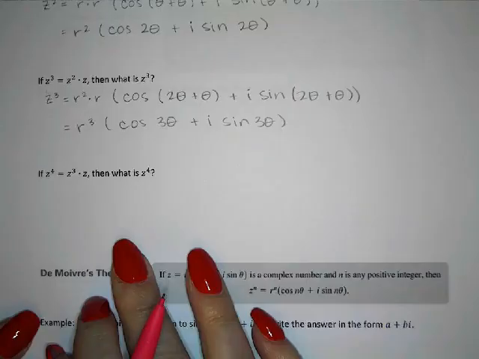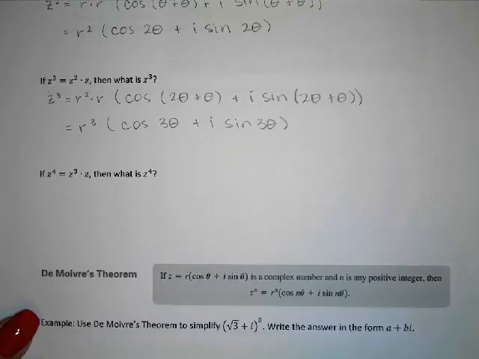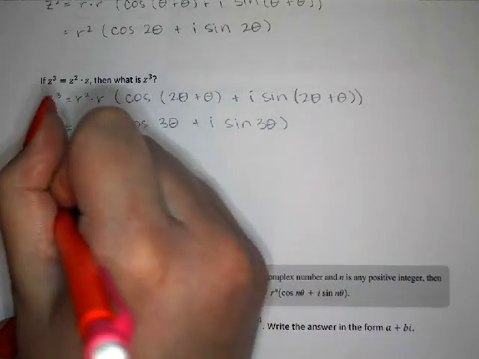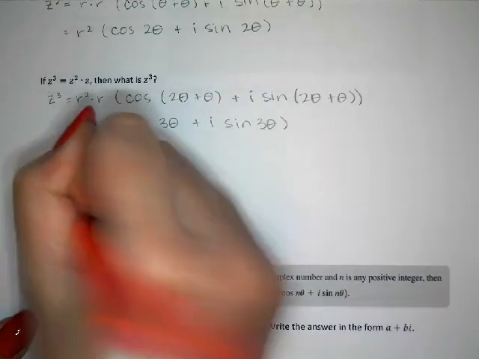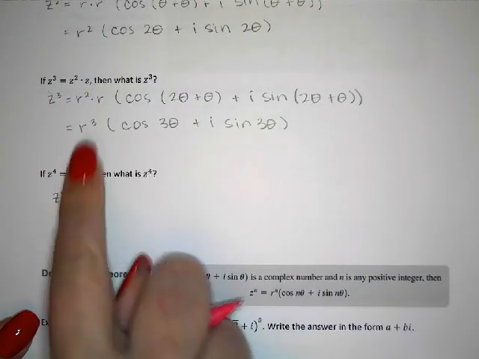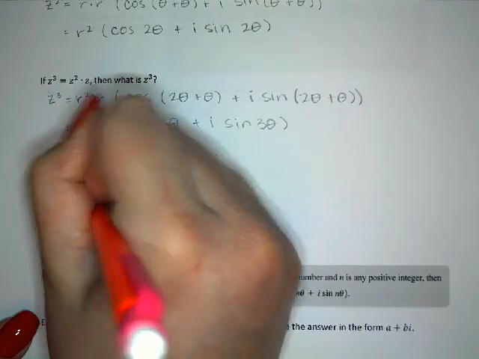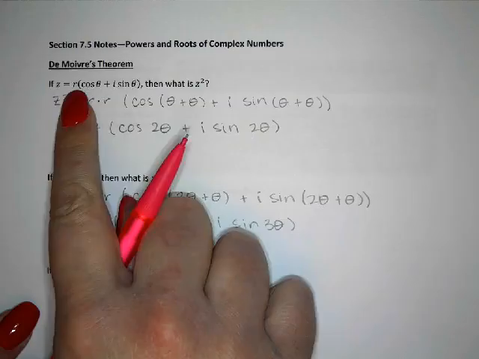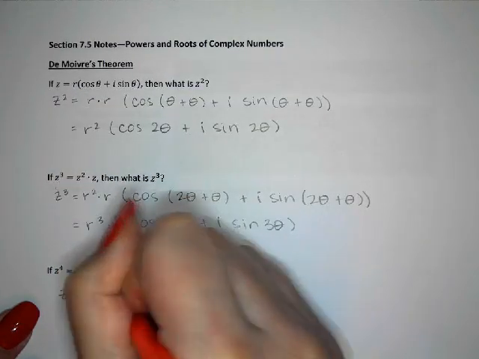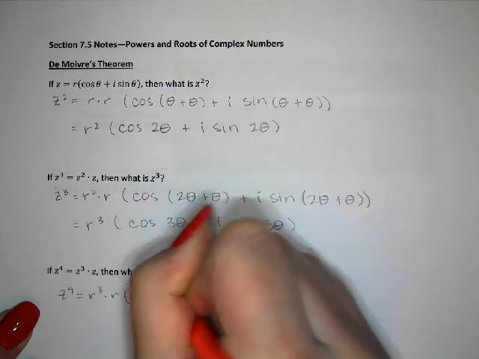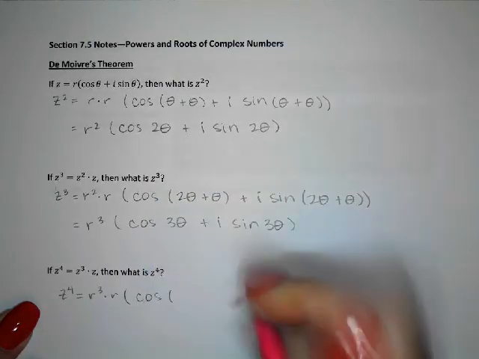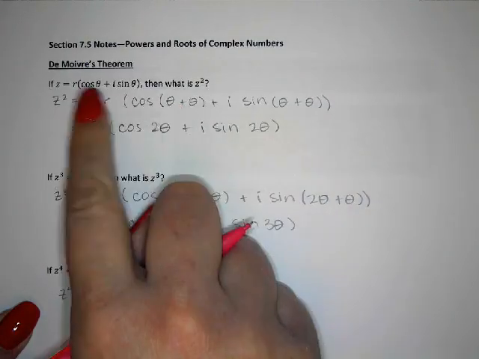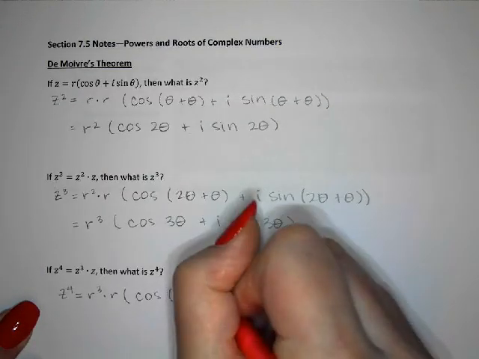You can probably already see the pattern, but we're going to do it one more time. If that's z to the third, what would z to the fourth be? For z to the fourth, you would have the modulus of z to the third, which is r to the third, times the modulus of z, which is just r, and then cos of the argument from z to the third, which is 3 theta, plus the argument from z, which is theta.